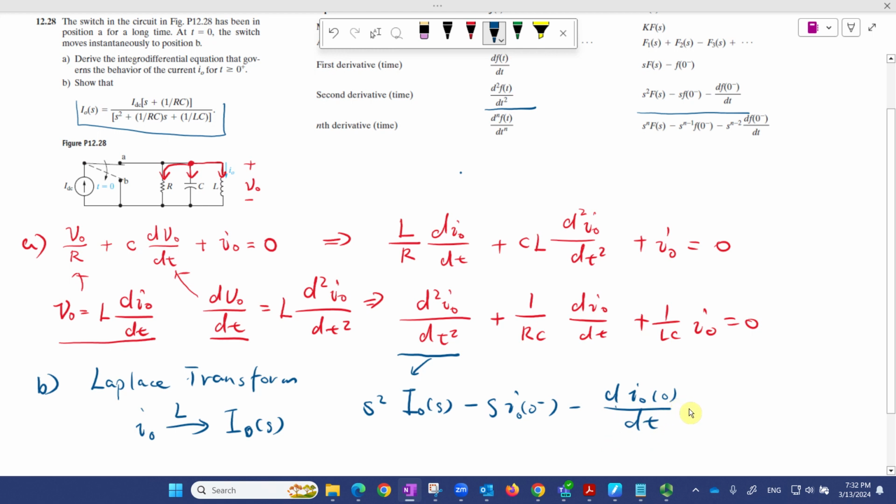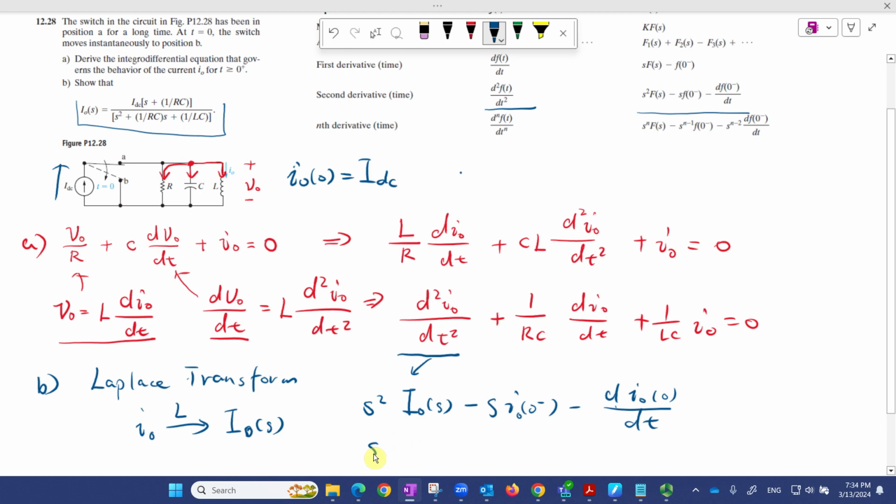So what is the initial current for this one? Initially this one was connected to here, so I0(0) actually equals all the current from here, IDC.